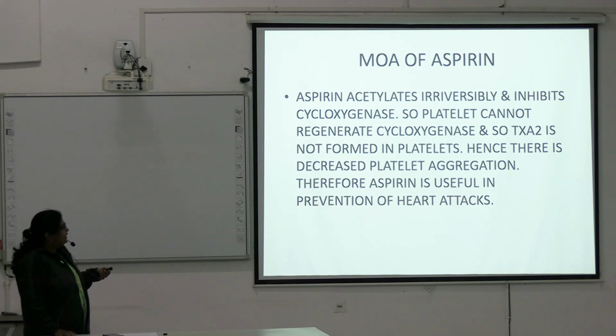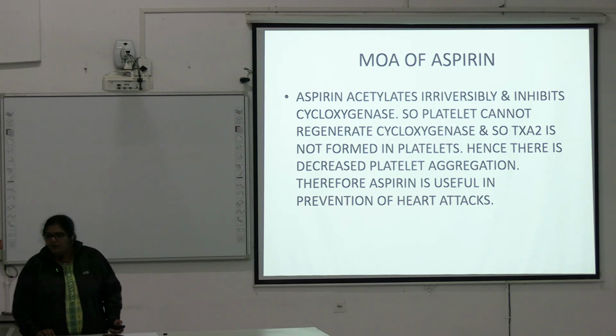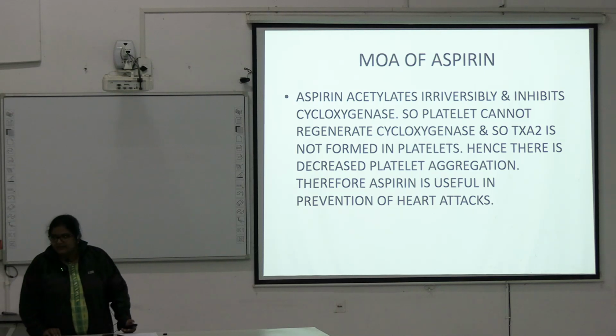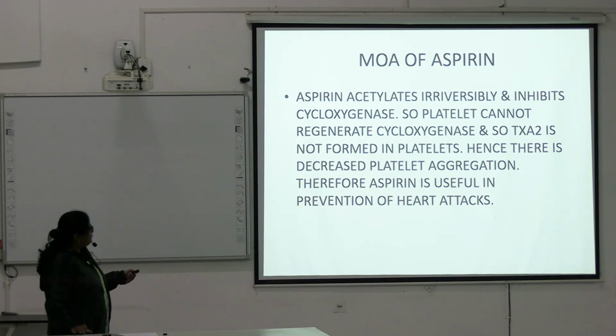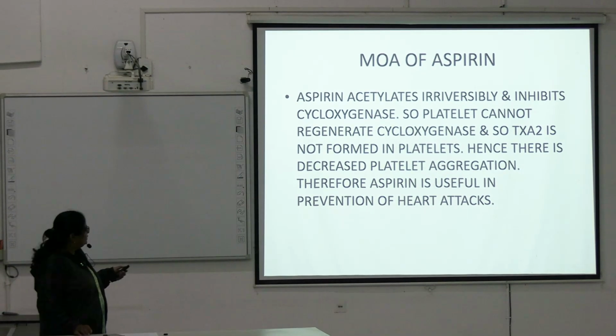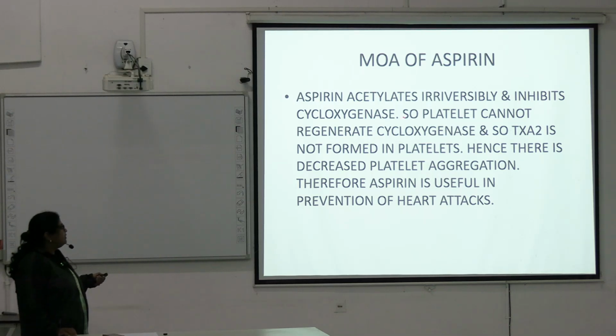It acetylates irreversibly and inhibits cyclooxygenase. By acetylation of the enzyme, it inhibits it irreversibly, meaning once it inhibits the enzyme, it cannot regenerate. So aspirin acetylates irreversibly and inhibits cyclooxygenase.